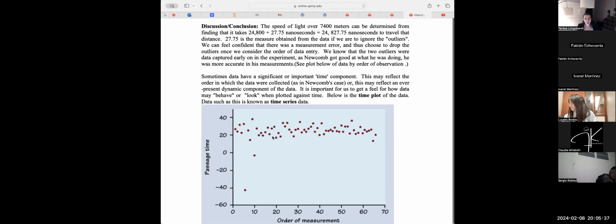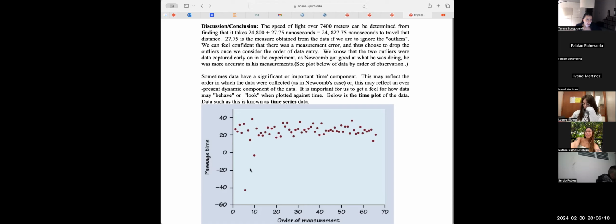When we find strange values, either it was a data entry error, somebody wrote it down wrong or typed it in wrong. Number 2, it could be a measurement error. Somebody actually measured it wrong. In this case, it looks like a measurement error because they were recorded early on, within about 10 measurements, because these are put in order, you can see these are the outliers.